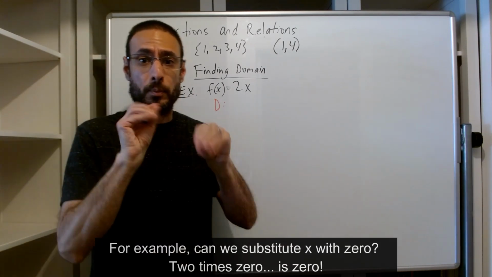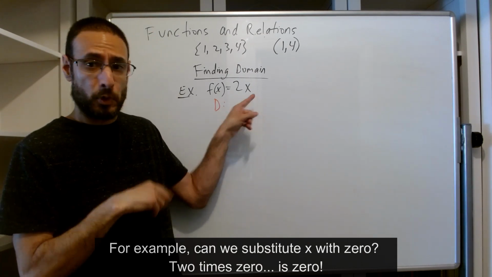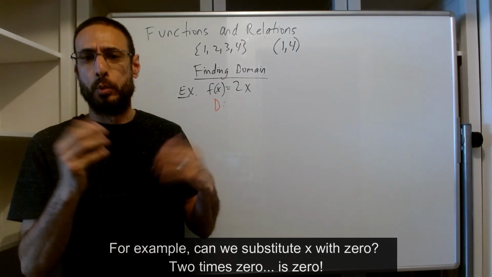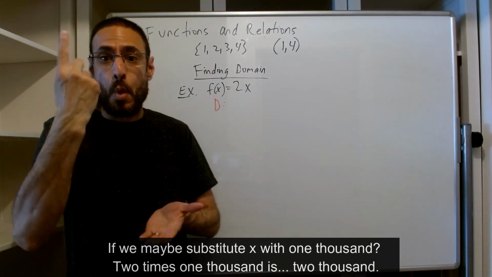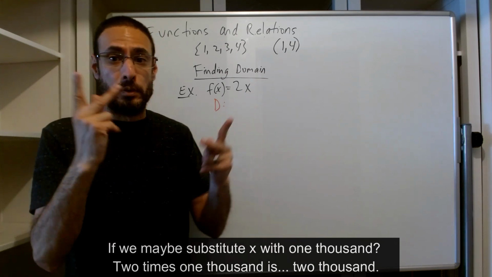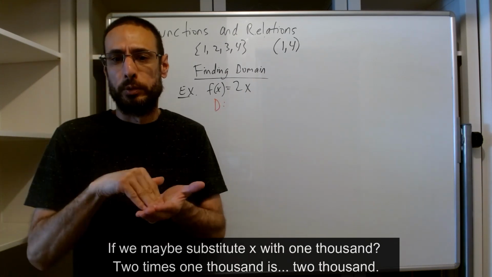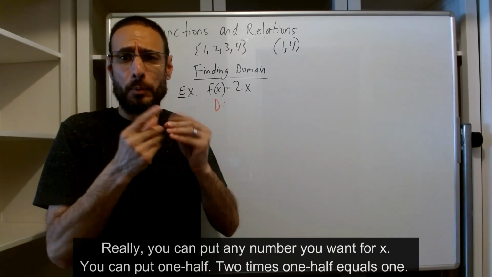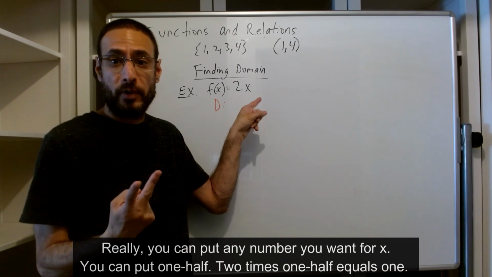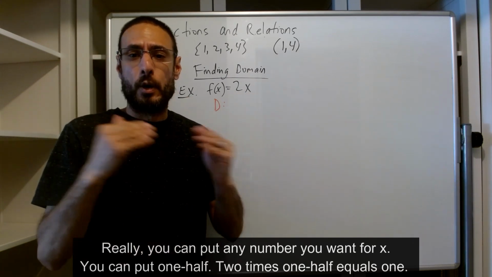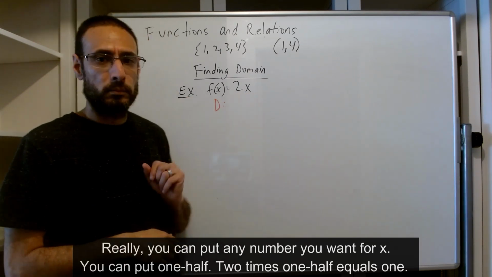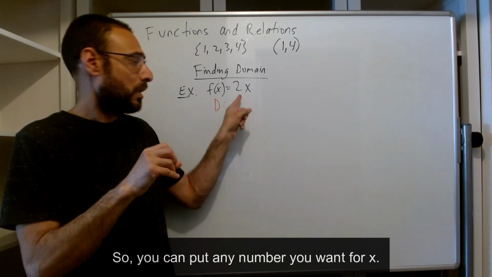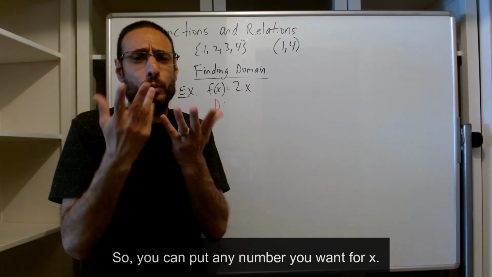For example, can we substitute x with 0? 2 times 0 is 0. If we maybe substitute x with 1000, 2 times 1000 is 2000. Really, you can put any number you want for x. You can put 1/2. 2 times 1/2 equals 1. So, you can put any number you want for x.